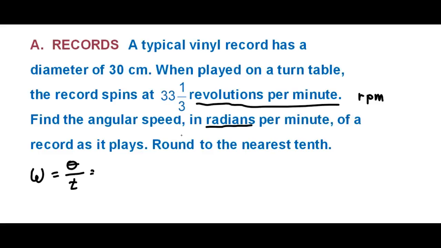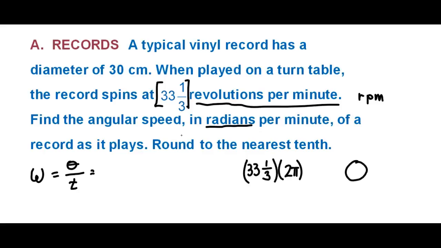So to get that angle in radians, what we're going to need to do is determine how many radians this record spins in 33 and a third revolutions. So if every revolution takes up 2 pi radians to complete, that means what we're going to do is take 33 and a third times 2 pi.